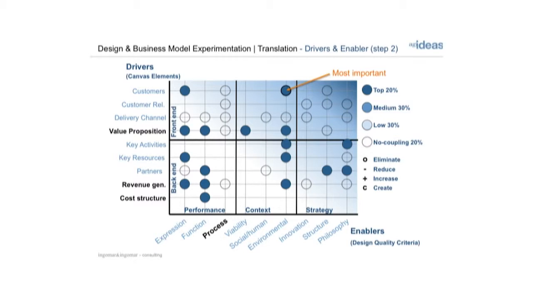And what you're seeing here is deliberately looking at the translation between your business model and your actionable design criteria, and making sure that you focus on the most important part of the translation that's going to give you the most significant competitive advantage. Here you can see that the dots that are dark are the ones you're supposed to focus on.